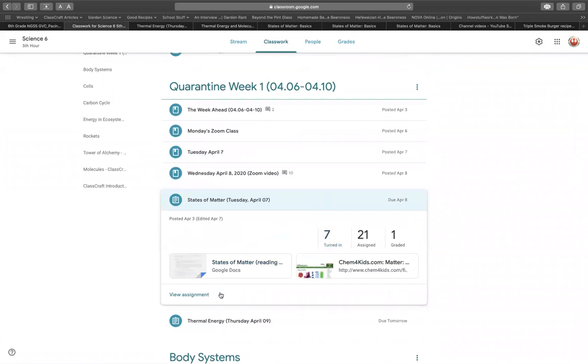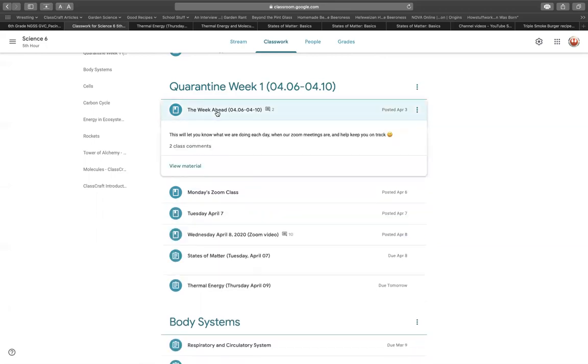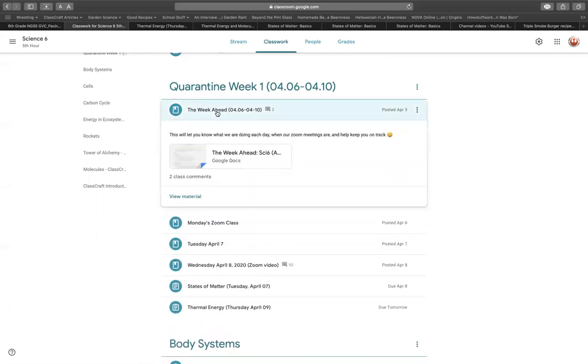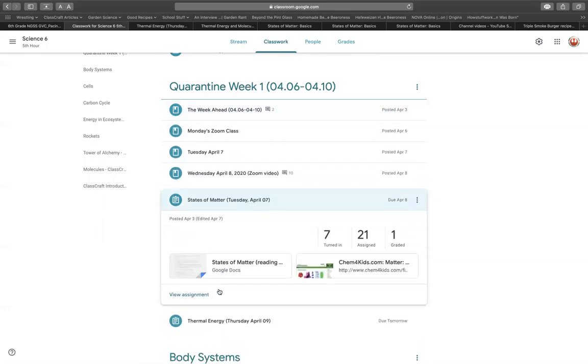If you've got it as a different attachment, just hit add attachment. Are you having issues hitting the turn in button here, or did you just click on it and then not? Did you not click on this before? Did you take it out of the week ahead? Yeah, I took it out of the week ahead. Okay, that's fine. Just go to states of matter and that's where you turn it in.